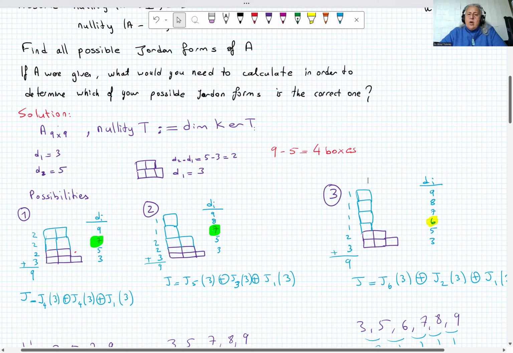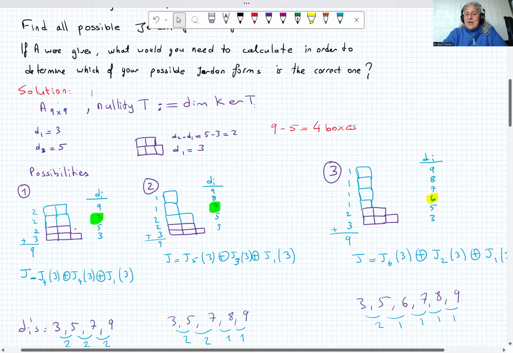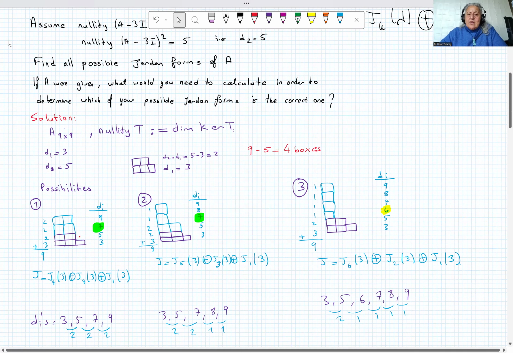Or with the 4 boxes, if I put 1 box here, I have to put 1, 1, 1 boxes, because the ladder cannot exceed the one before, right? It means that all these differences are getting smaller and smaller. The ladder cannot exceed that number of boxes. These are the rules for the dimension. So these are the 3 possibilities that may happen in this case.